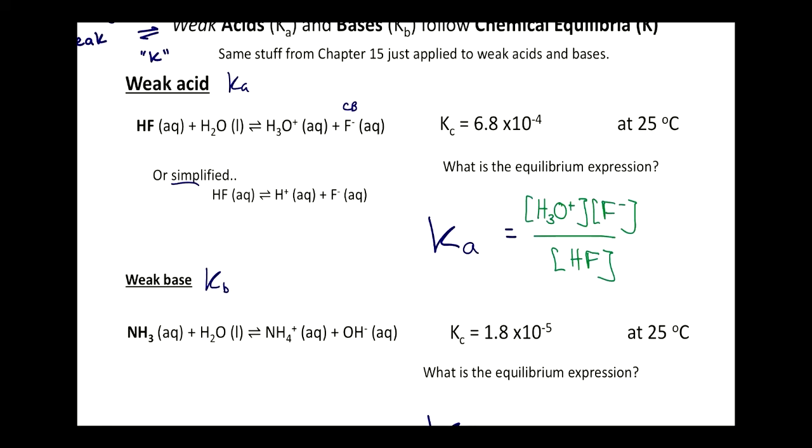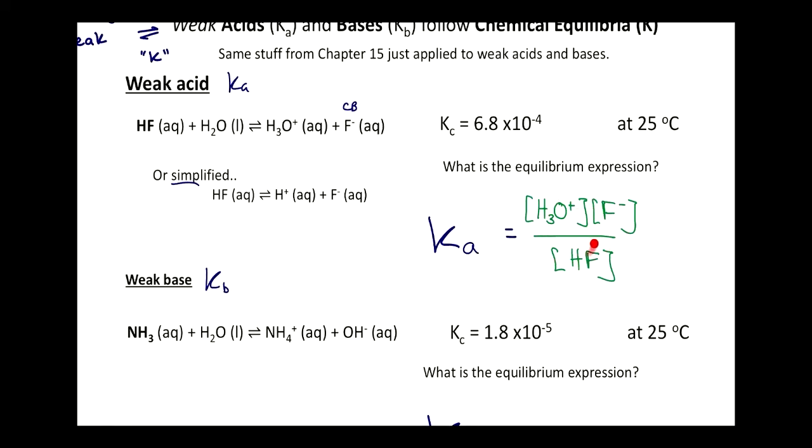So this K expression shows you, okay, what is the ratio of the ionized product and the intact molecule of a weak acid equilibrium. Because remember, we don't have full ionization, only some of those particles actually do ionize, where we still have some intact particles. So this value tells us the ratio of how much is ionized, how much of it is still intact.